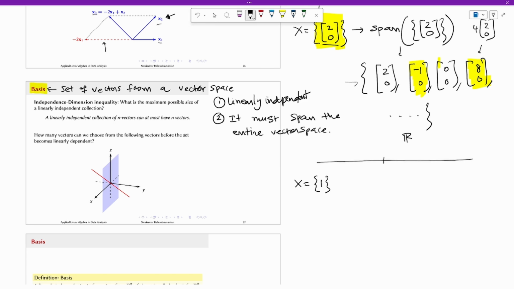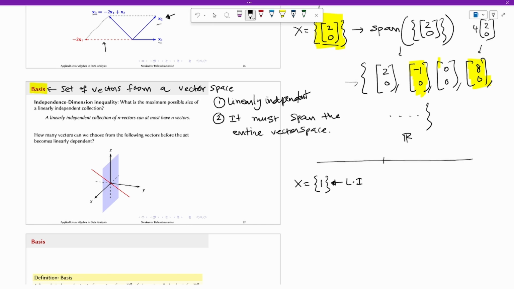Is this linearly independent? Okay. It is. Because the only way you can produce a zero vector using 1 is if you multiply 1 by 0. There is no other way you can produce 0, so it's linearly independent. Okay? So the first criterion is satisfied. The next one is, it says it spans the entire vector space.